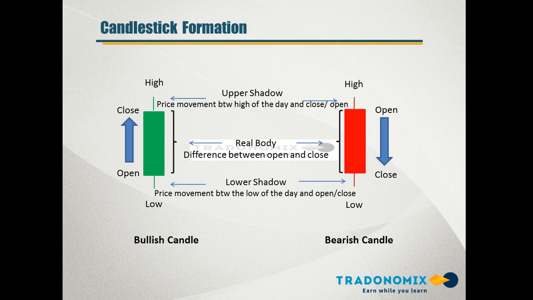So here you have a clear differentiation between a bullish candle and bearish candle. In certain charts, it is differentiated as a hollow candle, and the other candle would be one which is marked.